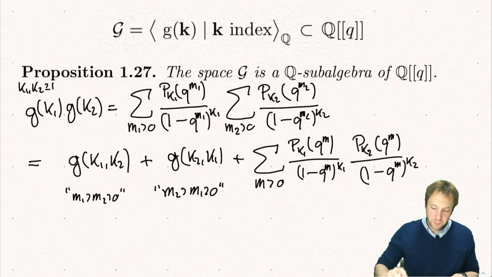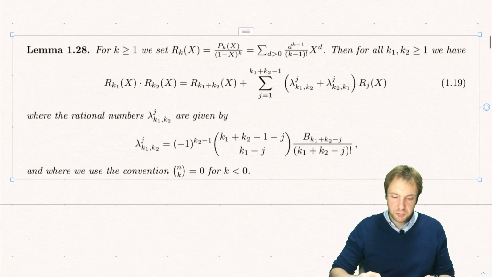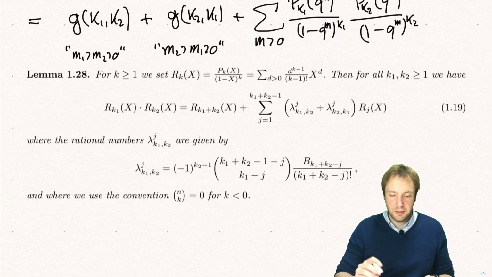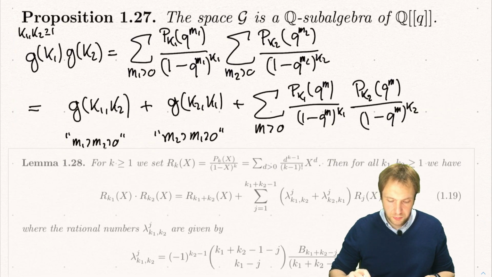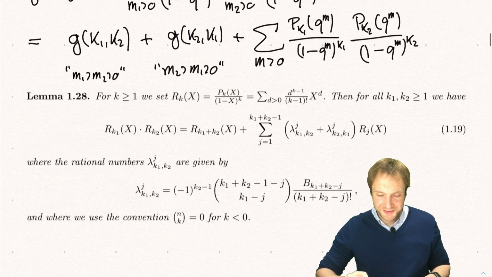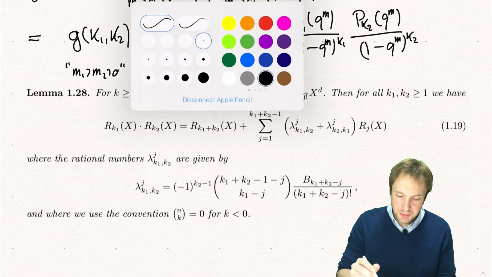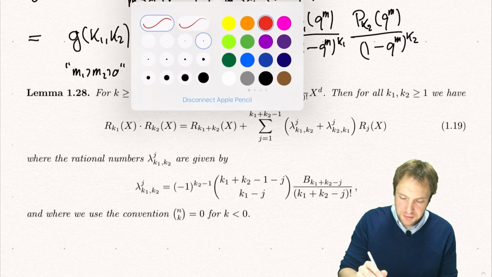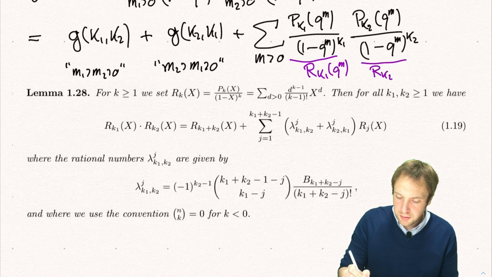This is one of the exercises, namely, you show that the following lemma holds. We give these two a new name, just to write less: this is r_k1 of q to the m, and this is r_k2 of q to the m.